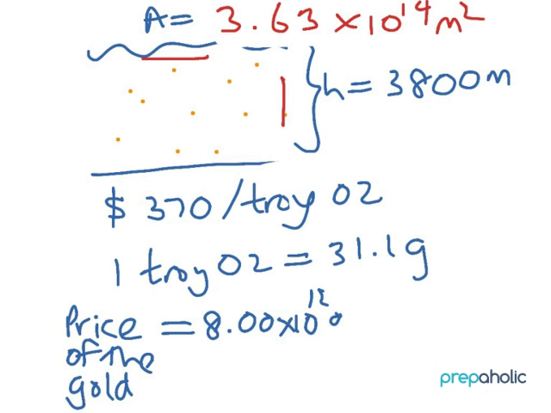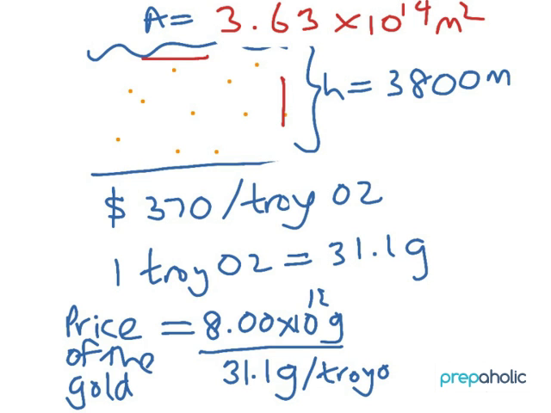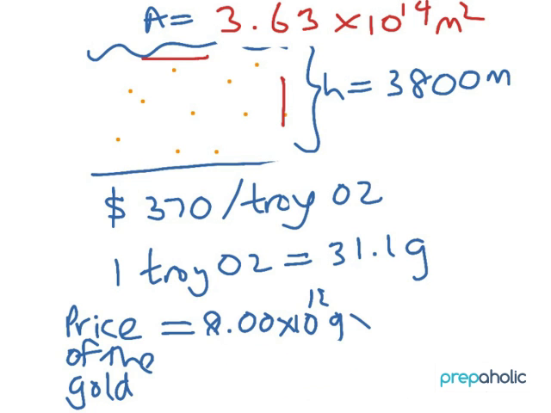And in order to convert this into troy ounces, we're just going to divide this by 31.1 grams, because this is going to be equal to troy ounces. If this is not clear, let me rewrite this in a more logical way. What I'm trying to say is that 31.1 grams is equal to 1 troy ounce.